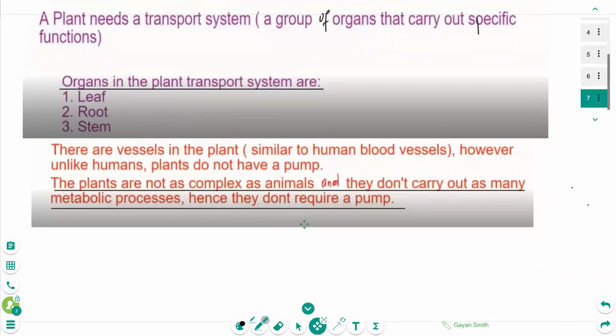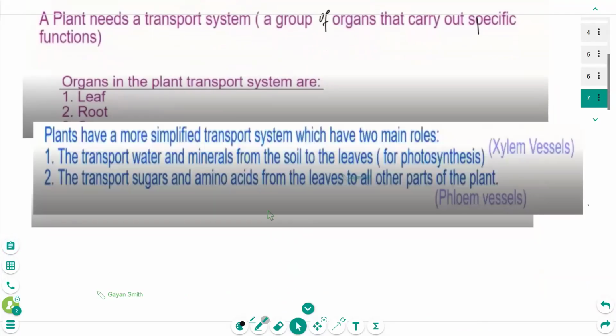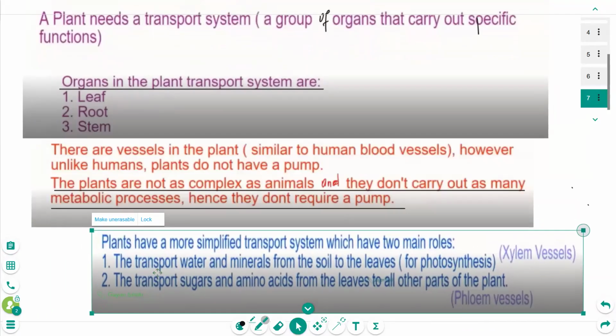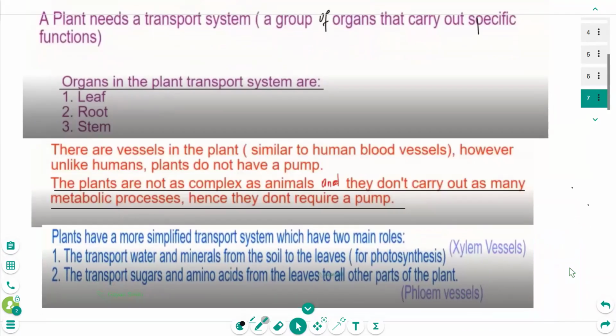What I'm telling you about are the vessels that our plants use. They have their own vessels, like how we have blood vessels. Plants have a more simplified transport system than what we have as humans, and their transport system has two main roles.